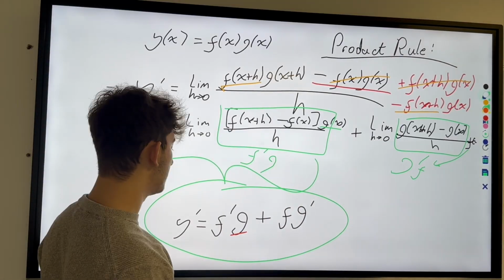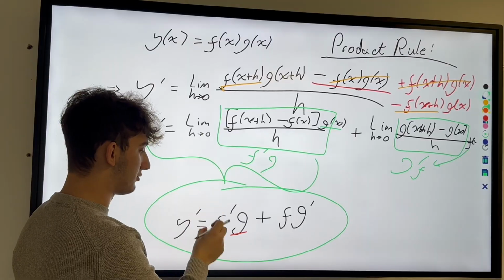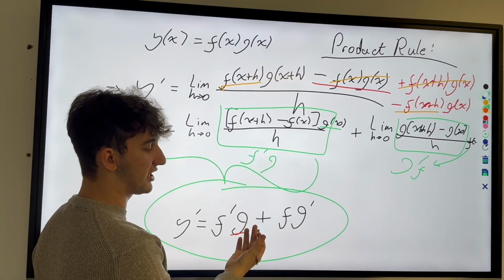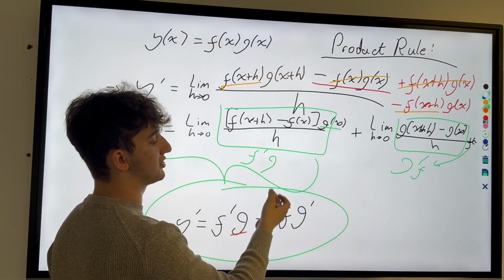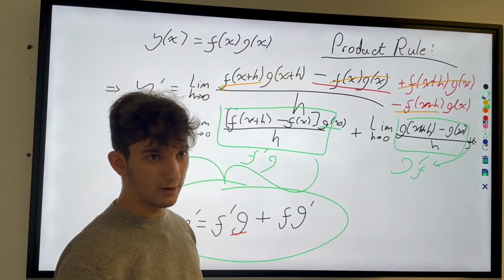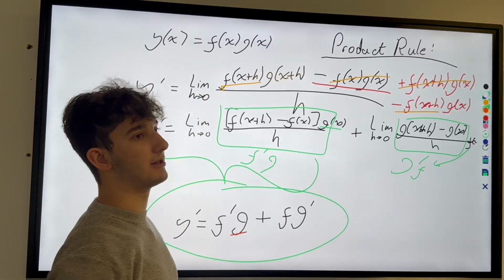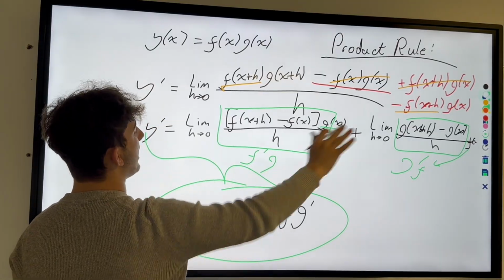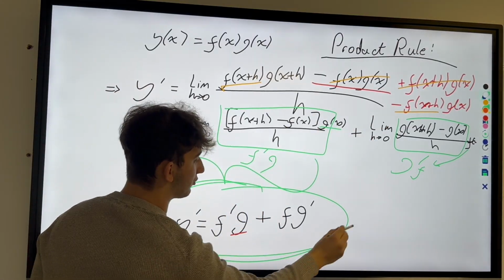Or in other words, y prime equals the derivative of the first function times the second plus the first function times the derivative of the second. Bit wordy, but hopefully you can see the general idea. And once again, we don't need to know any of this, we just need to focus on this rule.